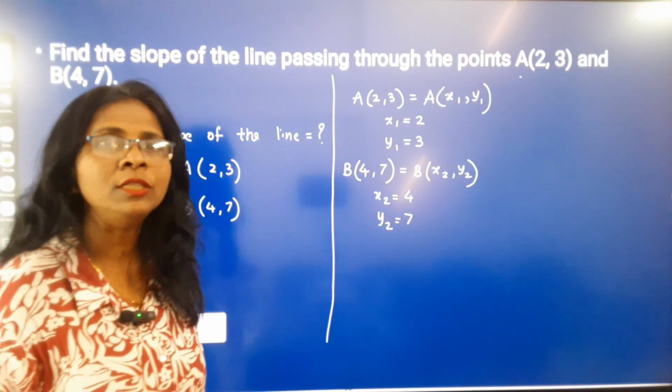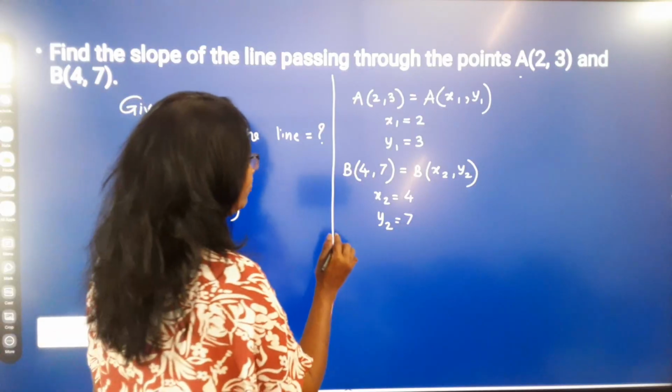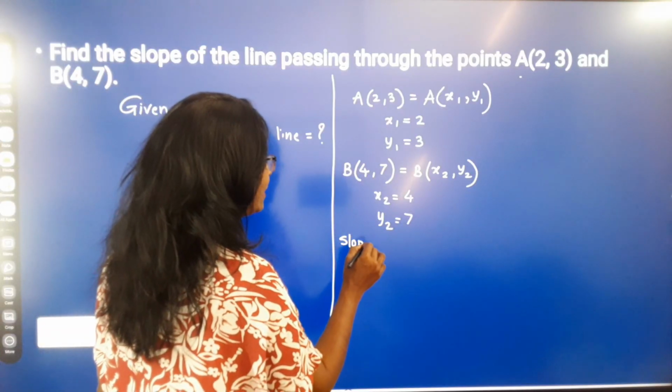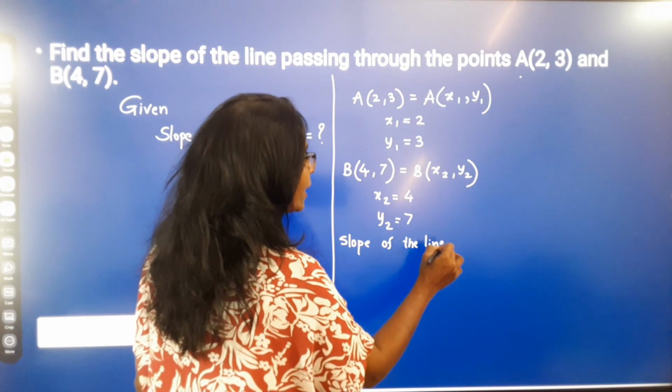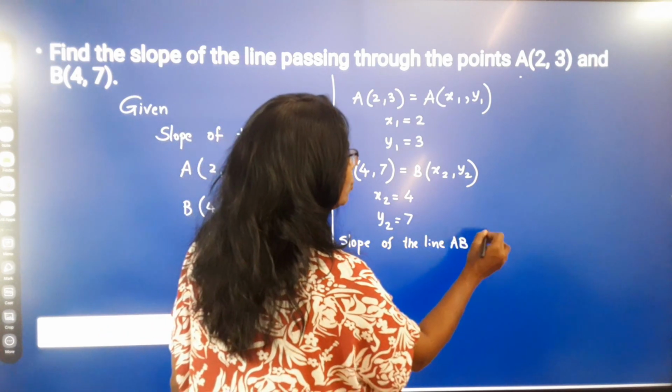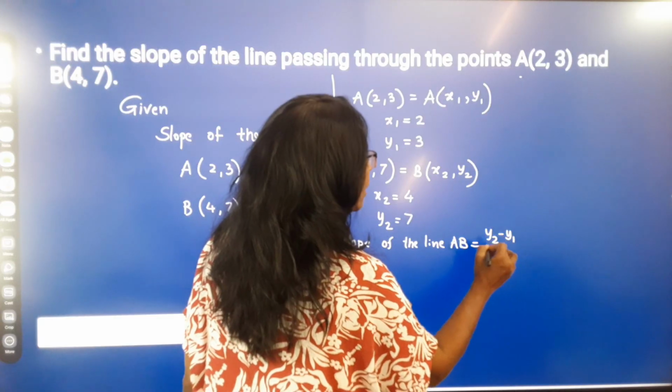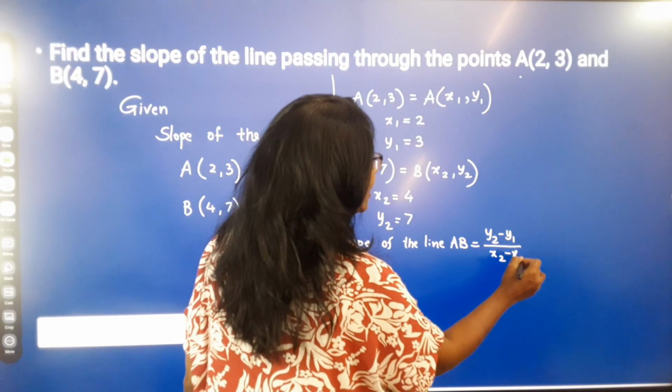The formula for the slope of the line, if two points are given, is slope of line AB equal to (y2 minus y1) upon (x2 minus x1).